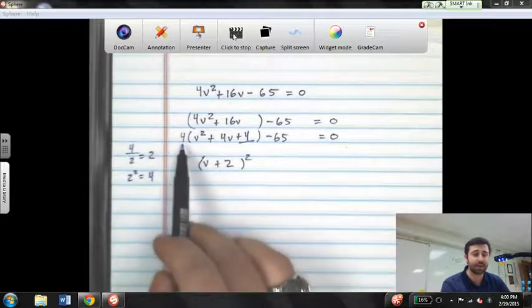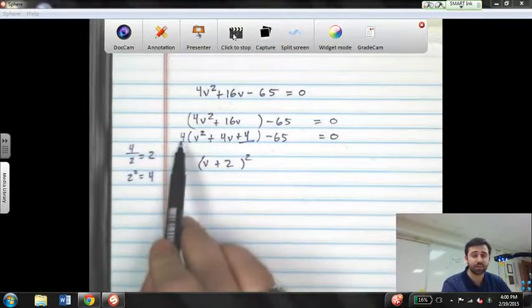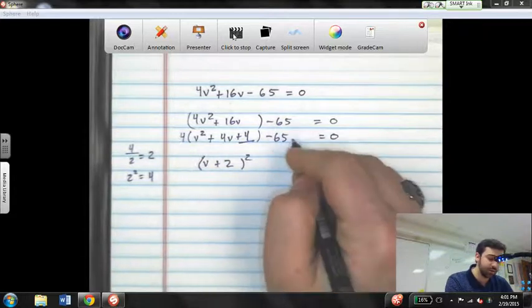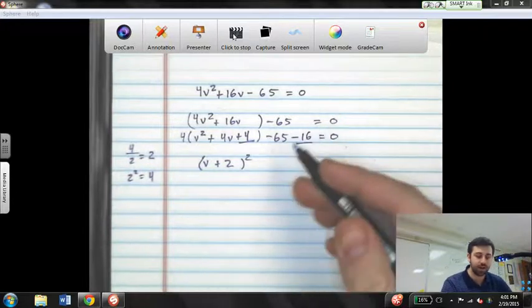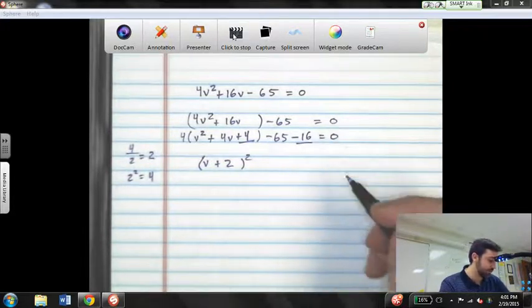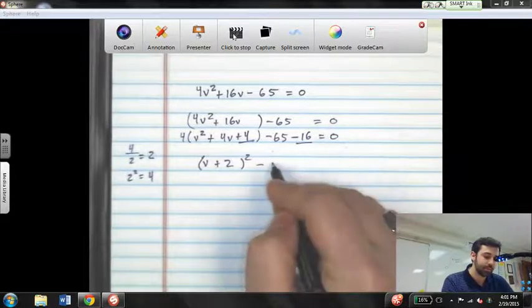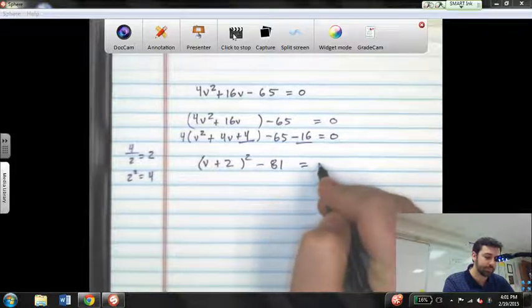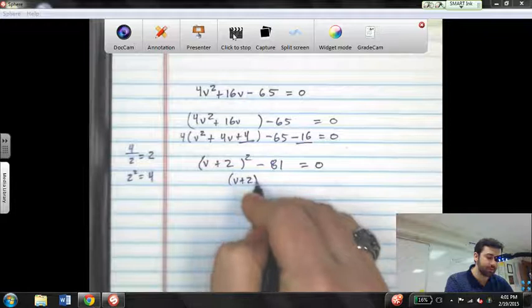However, since I factored out a 4, this 4 is actually 16, because I'm taking this 4 times 4, which gives me 16. Then I can simplify this down, and in this situation we get negative 81.